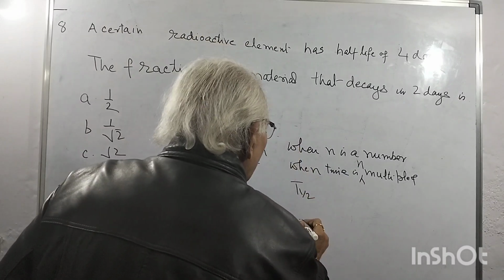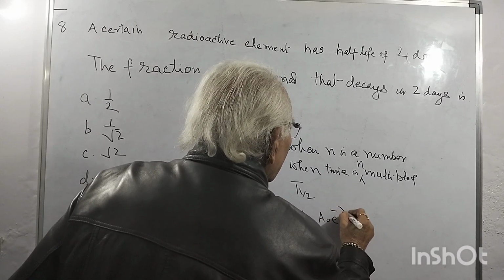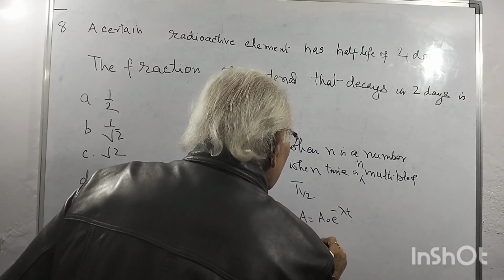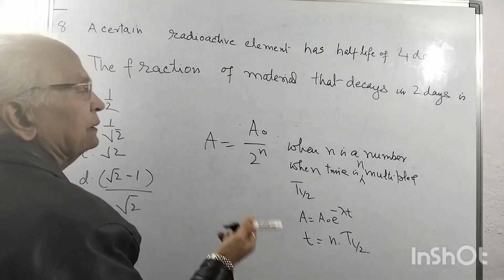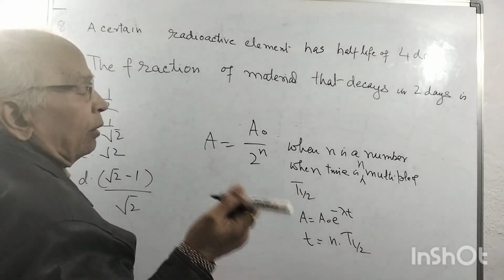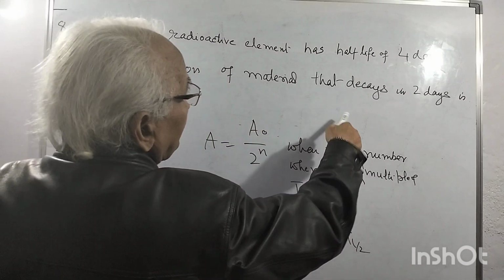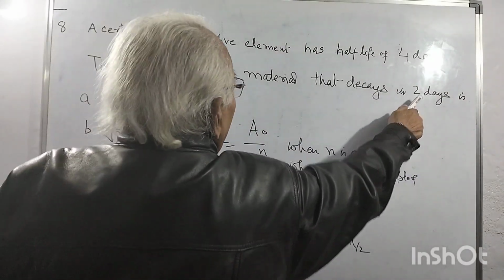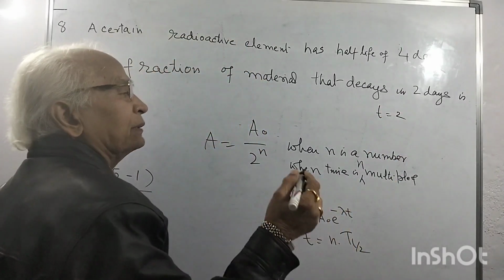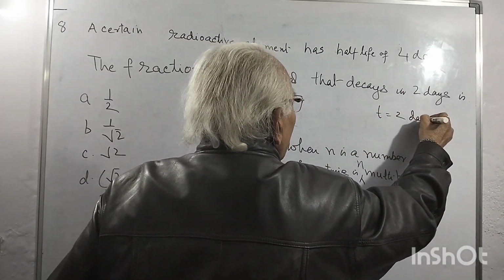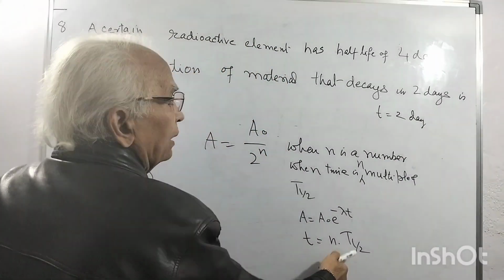Meaning, in the formula A is equal to A naught e to the power minus lambda t, this time t is n times the half-life. In this problem, the fraction of material that decays in 2 days, so t is 2 days. After 2 days, how much activity remains?